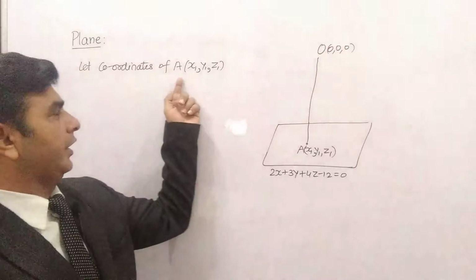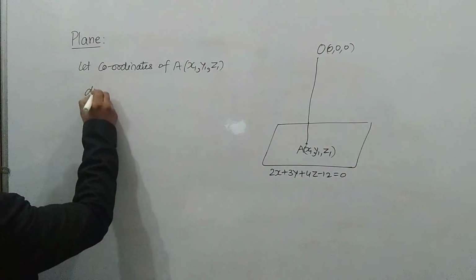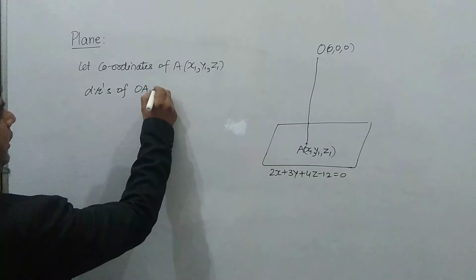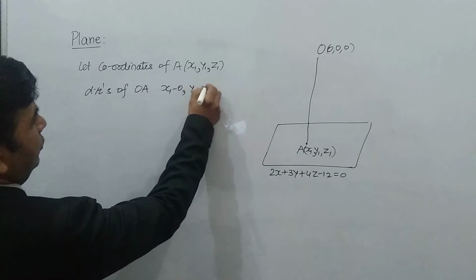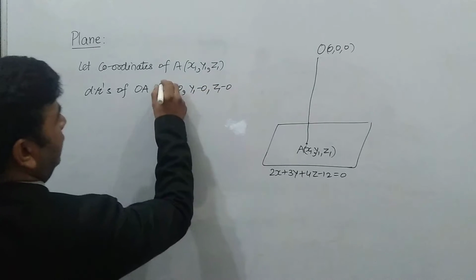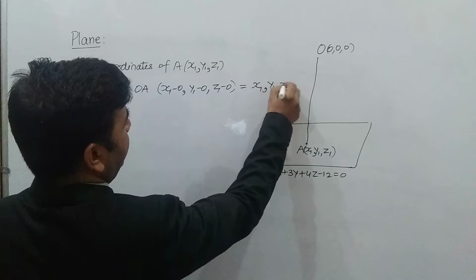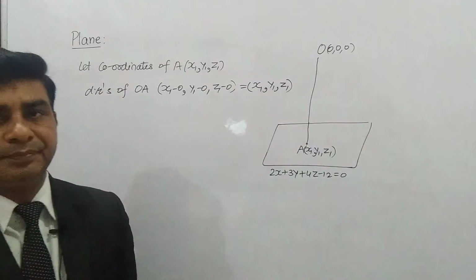Let the coordinates of point A be x1, y1, z1. Then the direction ratios of OA will be given by x1 minus 0, y1 minus 0 and z1 minus 0, that is x1, y1, z1. So these are the direction ratios of the line OA.